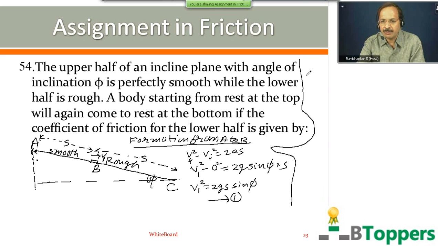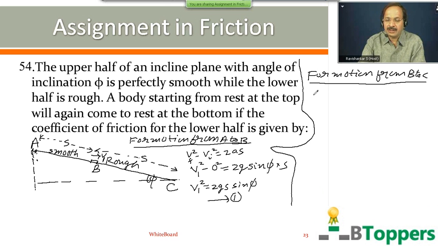Next we consider the motion of the block from B to C down the rough part of the inclined plane. The initial velocity at the beginning of the motion down the rough inclined plane is equal to V1. The final velocity when it reaches the bottom of the inclined plane is 0. The magnitude of the displacement is again the same.